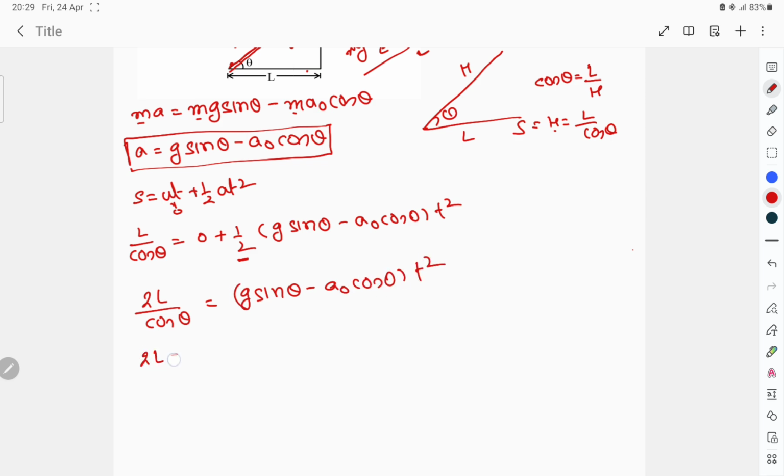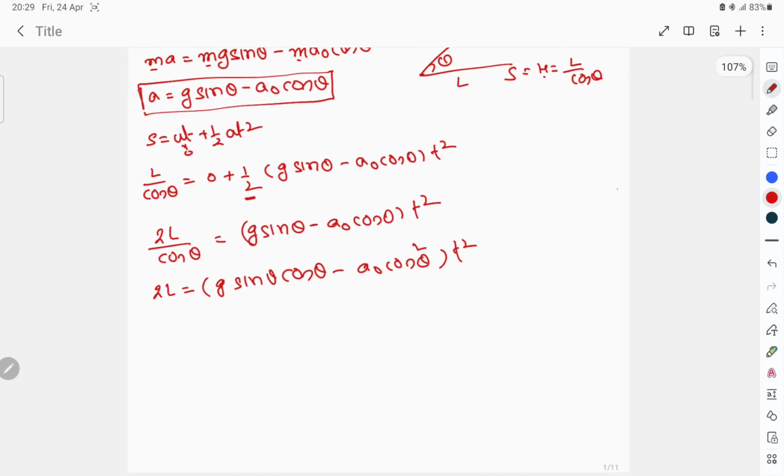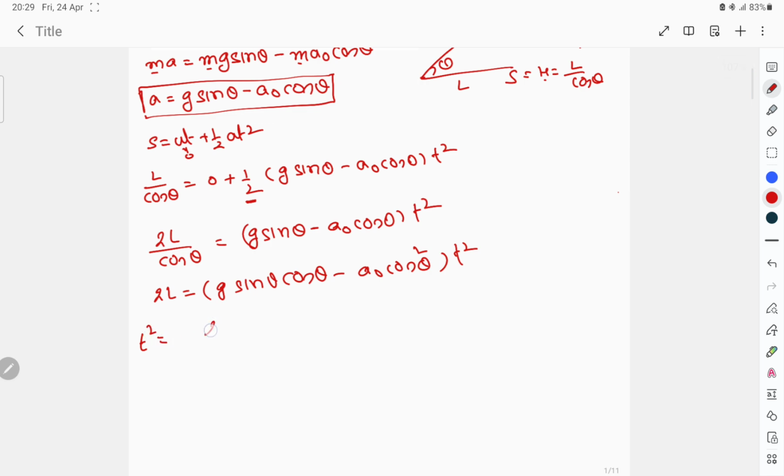So again 2L is equal to g sin theta cos theta minus a0 cos square theta into t square. So t square can be written as 2L by g sin theta cos theta minus a0 cos square theta.